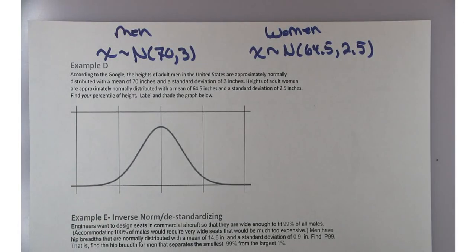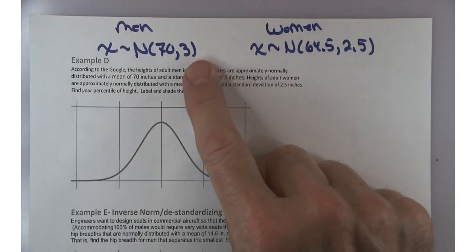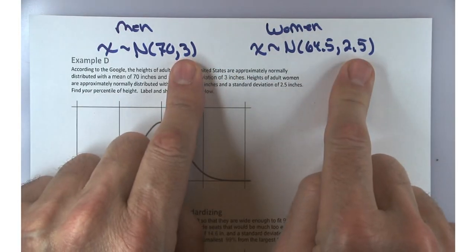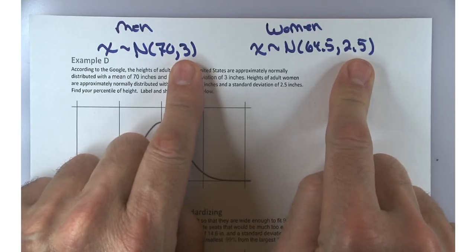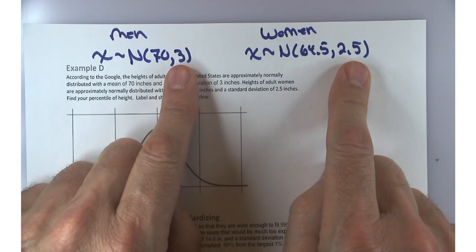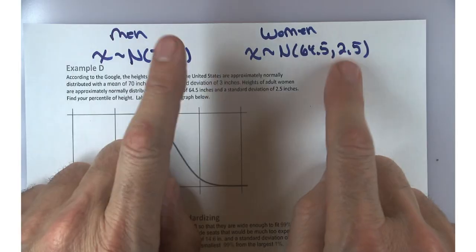Now, if I was to lay these graphs side by side, which one of them would be more spread out? Heights of men or the heights of women? Men. Men have a standard deviation of 3, women have a standard deviation of 2.5. What I want you to do is figure out what percentile of height you're in.